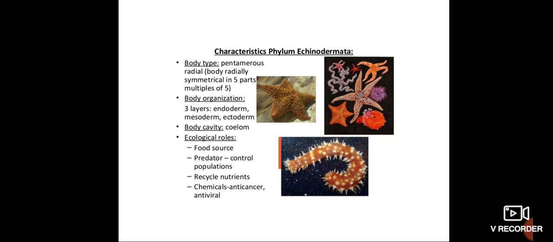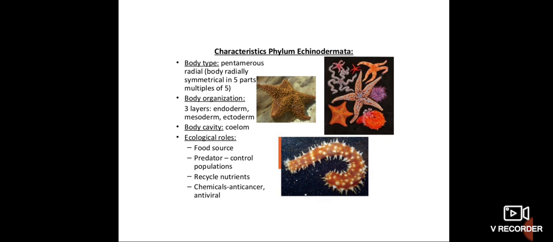Body organization shows 3 layers: endoderm, mesoderm and ectoderm. Body cavity is coelom. These echinoderms have ecological roles as they act as food source, they control population through predation, they recycle nutrients.